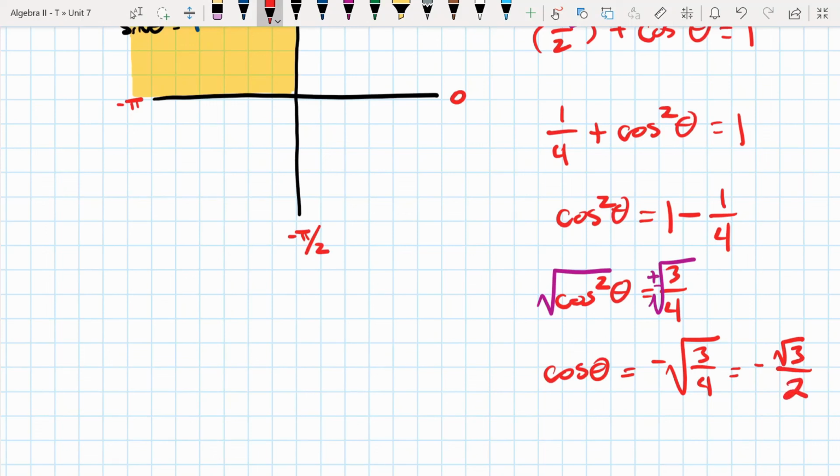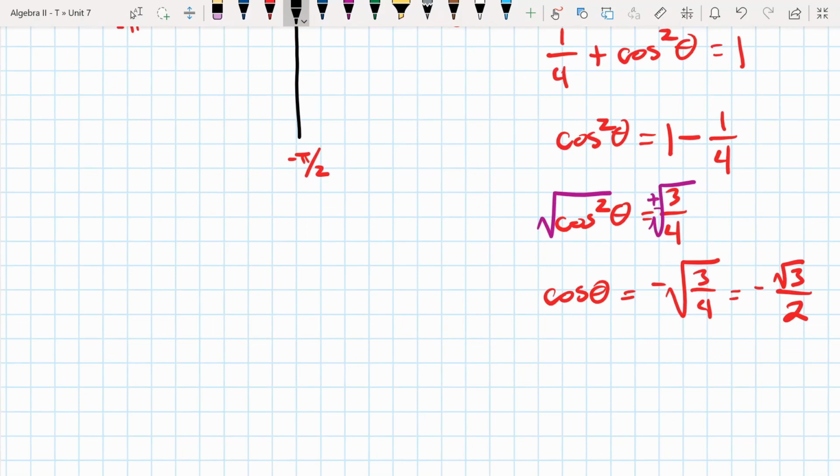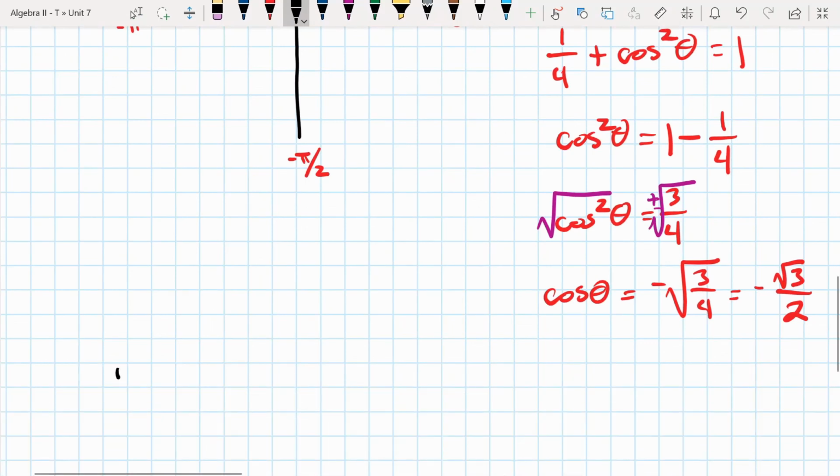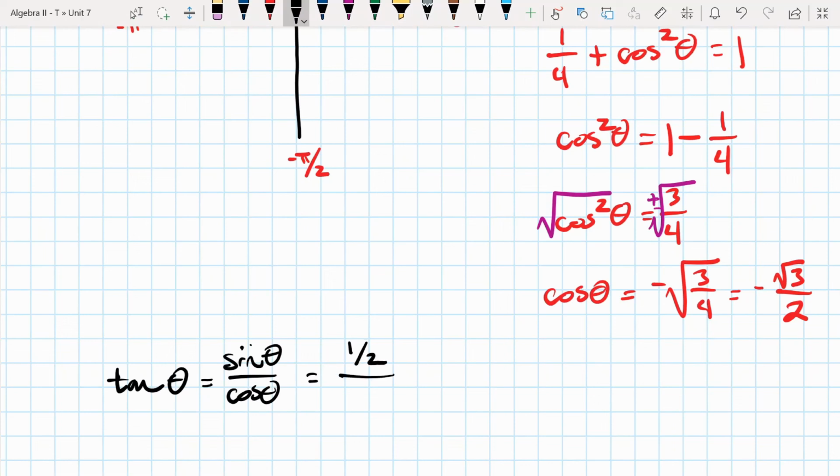Okay, but that's not going to be our answer. We actually need to find tangent here. So tangent is equal to sine over cosine. So sine we know is 1/2. And we're going to divide by our result over here. So we're plugging this in.